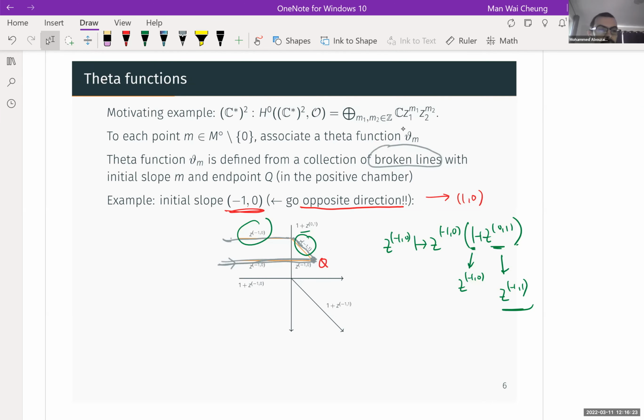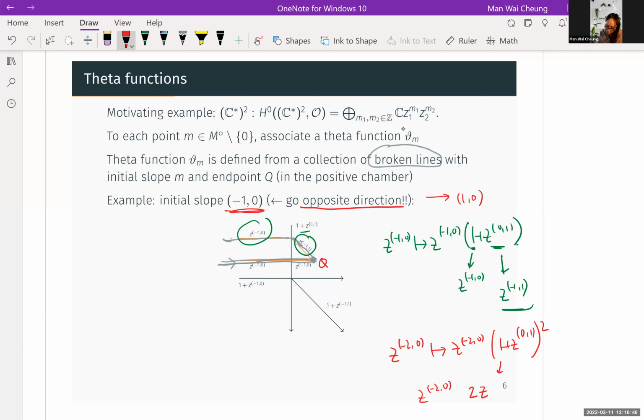But like here, if I go to higher bending, like if I take -2, 0, then I will have -2, 0 times 1 plus z^(0,1) squared. And then we can see I'll have 3 terms. The monomial will go with the coefficient, which will be z^(-2,1) and then z^(-2,2).